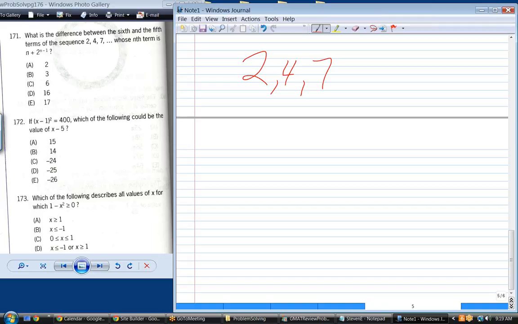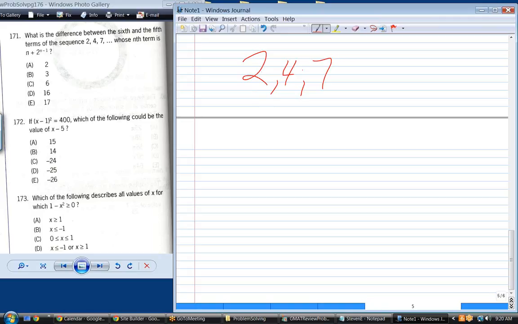It's not a geometric sequence. In other words, the difference between those two is 2. The difference between those two is 3. It's not arithmetic. It's also not geometric because 4 divided by 2 is not the same as 7 divided by 4. So this is some other kind of sequence, which is fine. We just have to figure out what the 6th and the 5th terms are. We've got the first 3 terms.